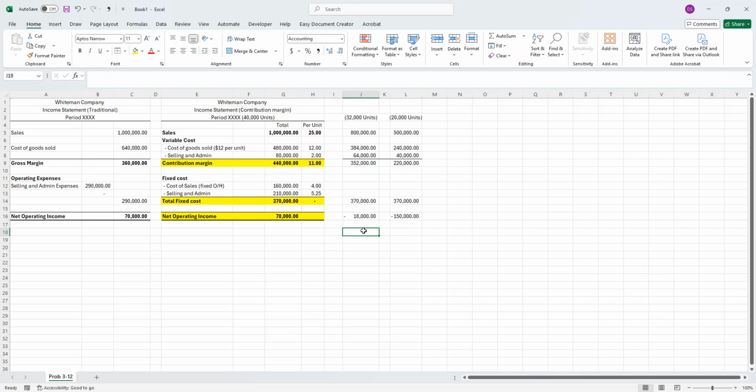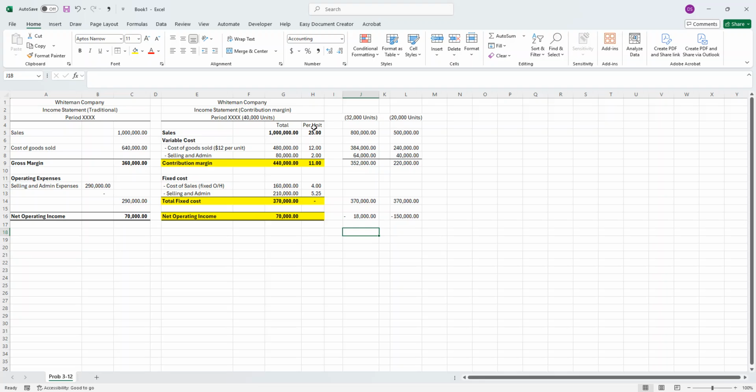You can simply take whatever the decrease is, in this case 40,000 minus 32,000, which is 8,000 units, and my contribution margin was 11. So as sales decreased, my profit is going to decrease by $11 per unit as well. Now you see that my decrease in the net operating income is 88,000, which is exactly the difference between these two.